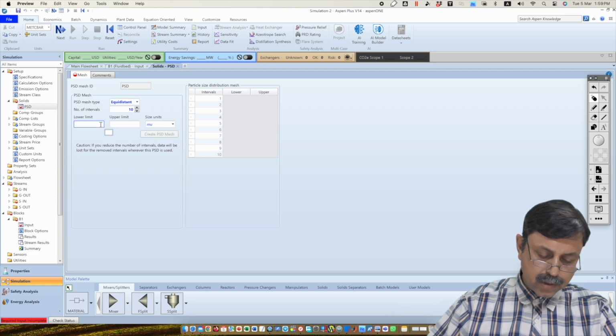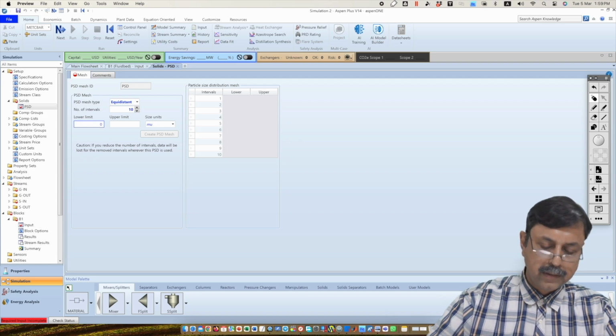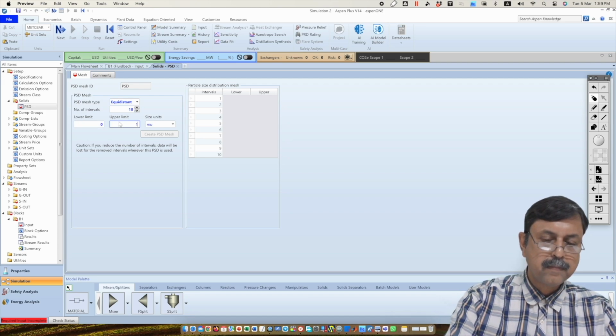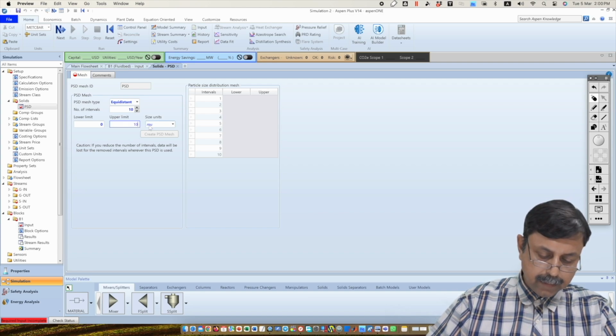It is 0 to 10, so this is 0 and this is 10 millimeter. Create PSD mesh. Created. Now we go to the solid input.